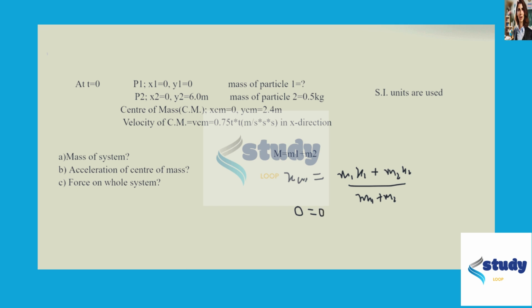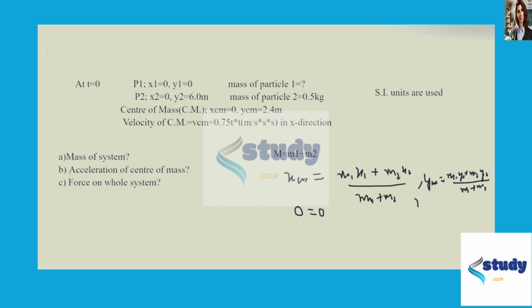We can use the second formula. We have a similar formula, y_cm equals m1 y1 plus m2 y2 over m1 plus m2. And we are given that y of the center of mass is 2.4 meter.